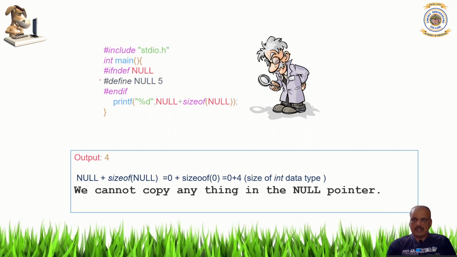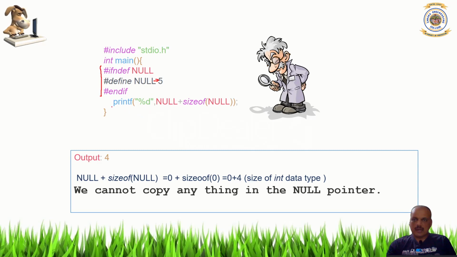In the main function, #ifndef NULL, I define NULL as 5 and then end this. So this is a macro which has been defined inside the main function. What does the macro do? It basically takes a null pointer and points it to something else.